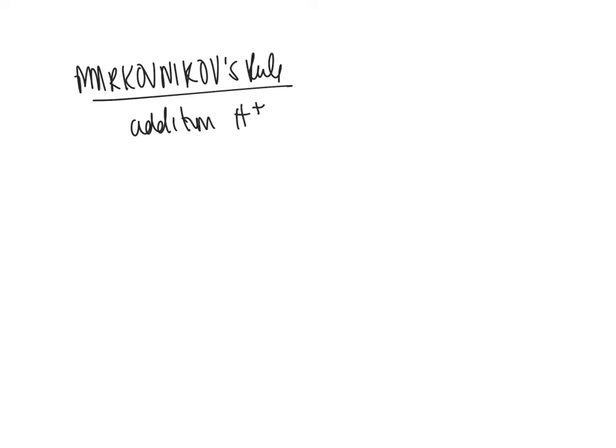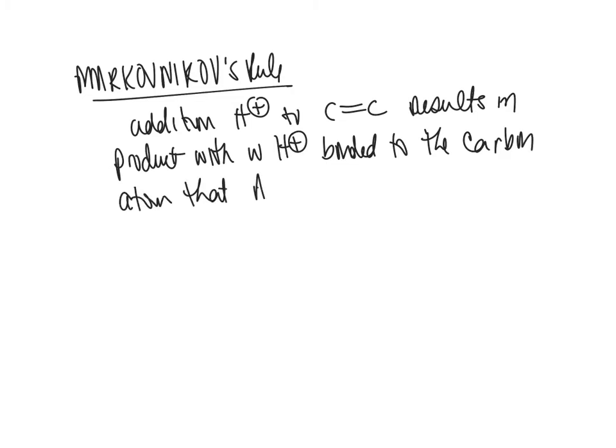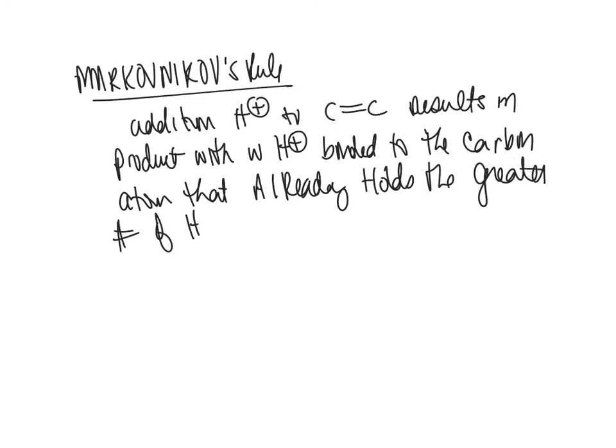So Markovnikov's rule states that the addition of a proton acid to the double bond of an alkene results in a product with the acid proton bonded to the carbon atom that already holds the greater number of hydrogen atoms.